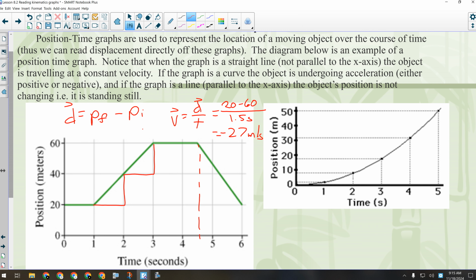All right. In the second graph, what is that object doing? That object is accelerating. How do we know? It's curved. Okay, what else? It's traveling even further every second.